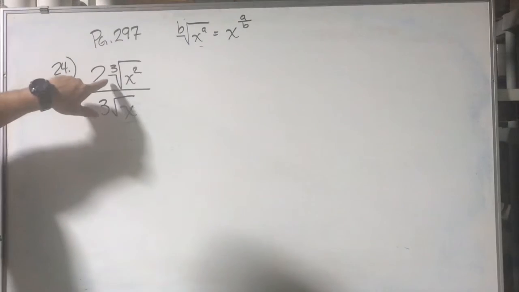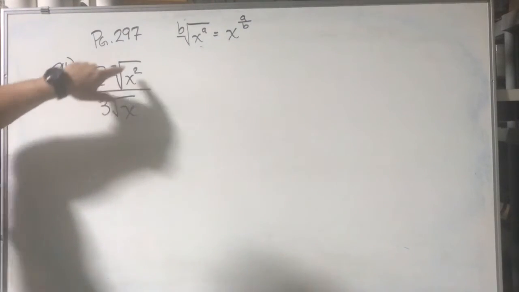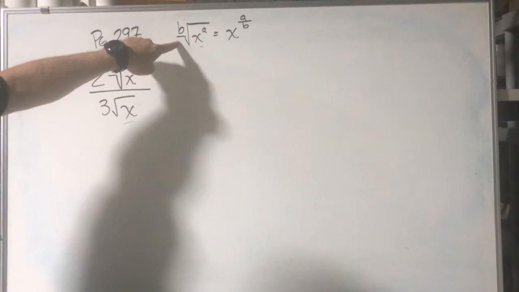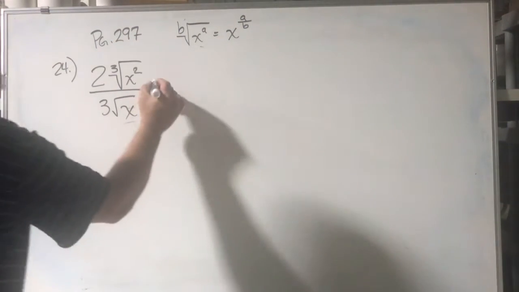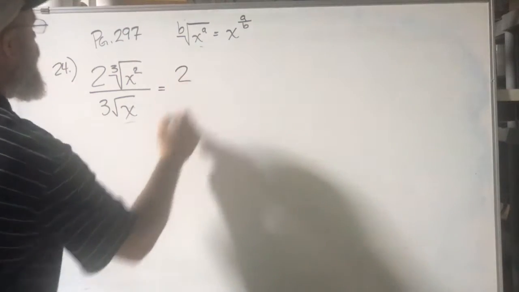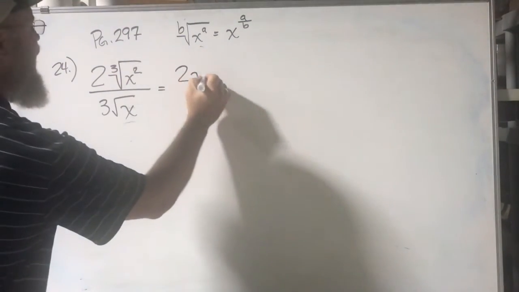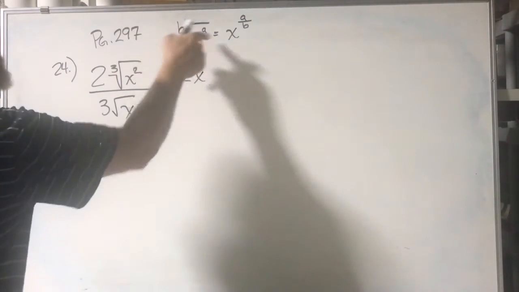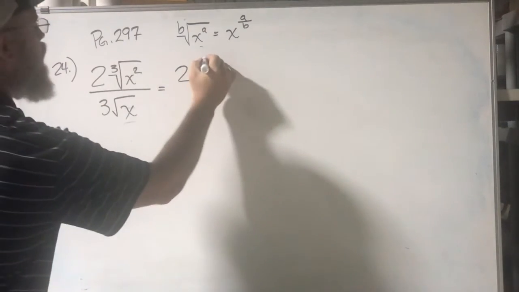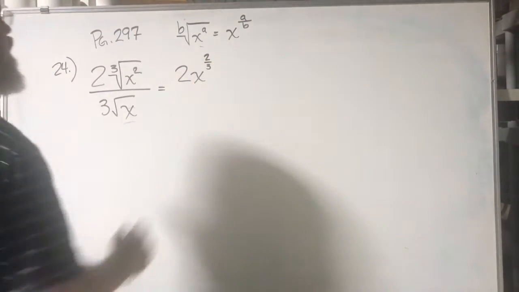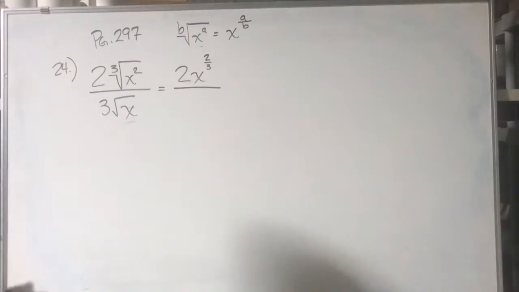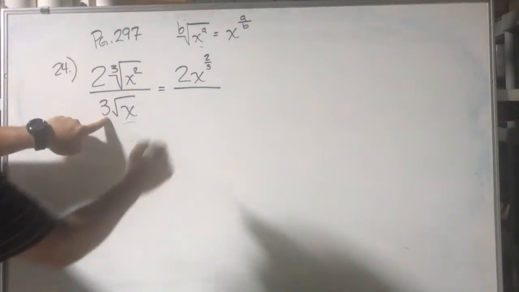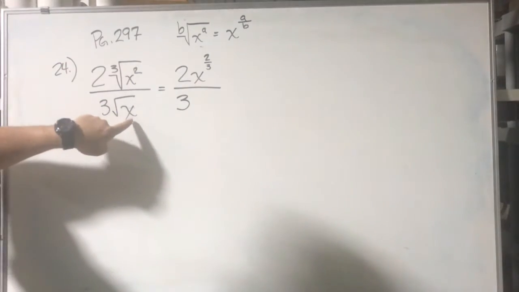Let's write this over here so we've got more room. Okay? So how do we rewrite the numerator using this property here? Well, that would be 2 times x to the a over b, so the 2 over 3, divided by 3 times x.